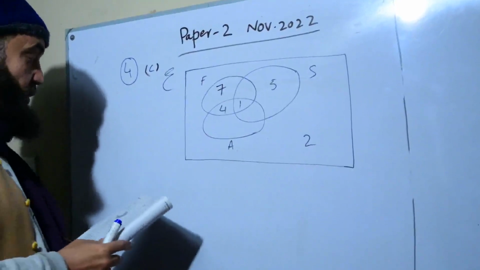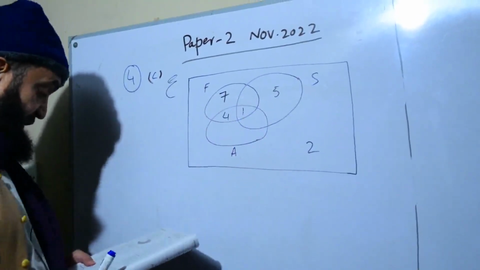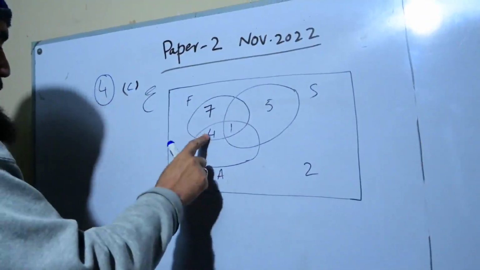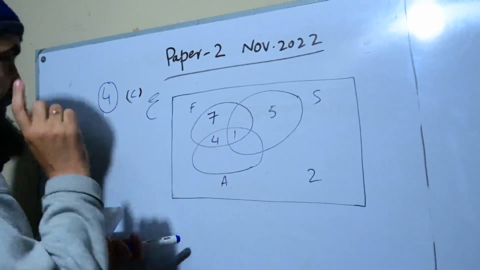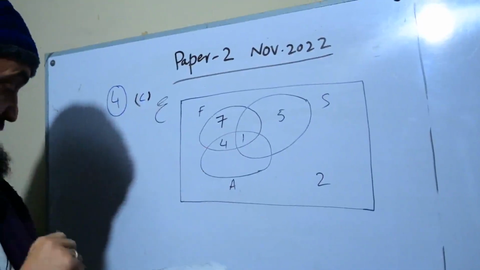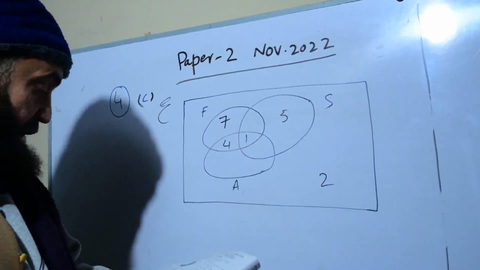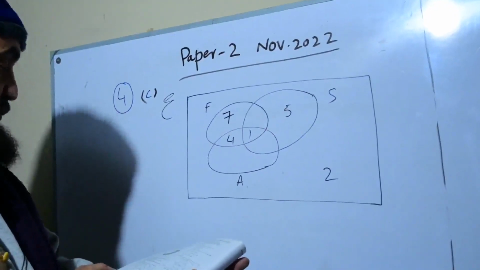Now 8 students study Arabic, and 4 plus 1 is 5. It was given earlier that all the students who study both Arabic and Spanish also study French.